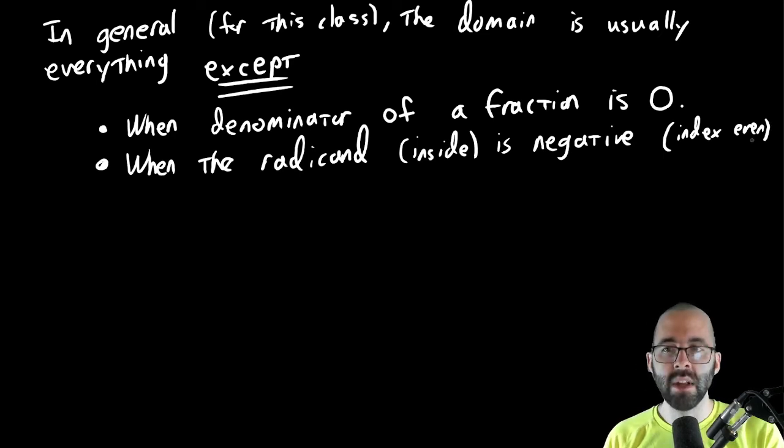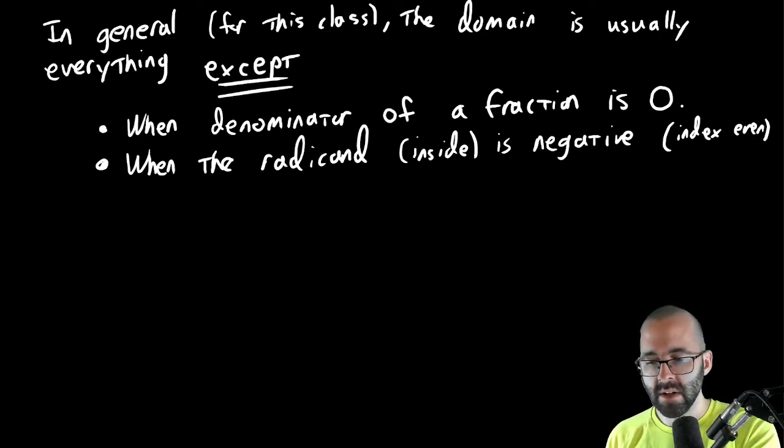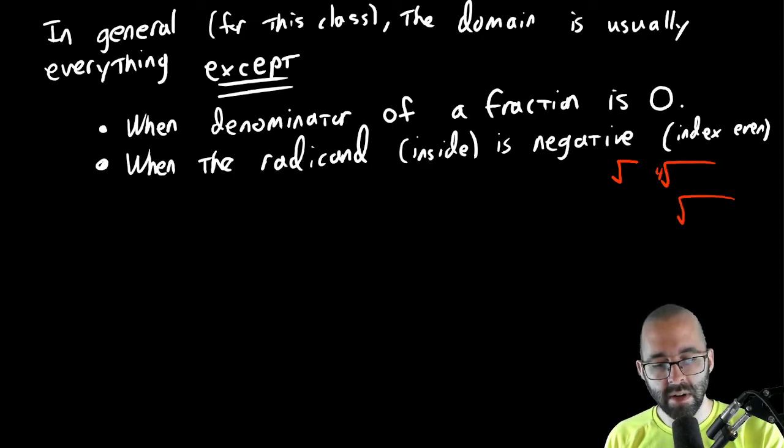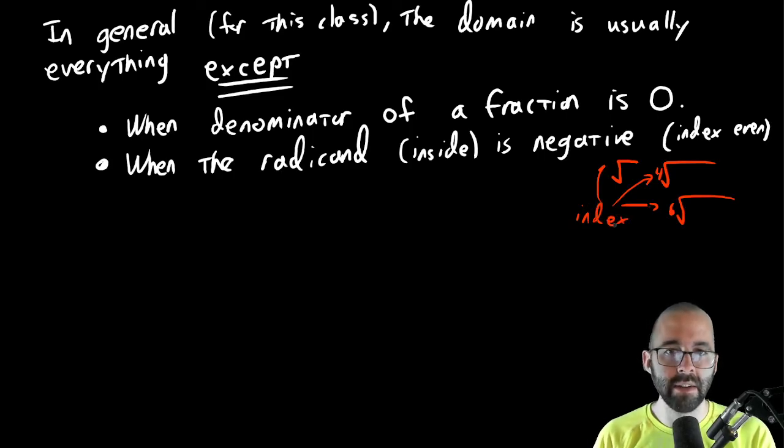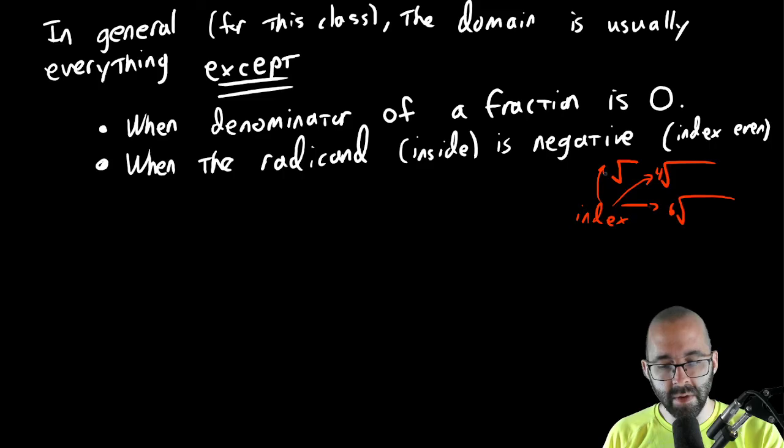There's a lot of words here, but when I say even, some examples are square root, fourth root, sixth root. The index is that number up here. So that's what I mean when I say index.